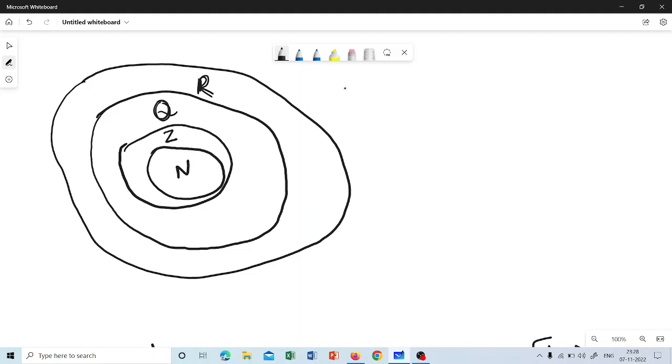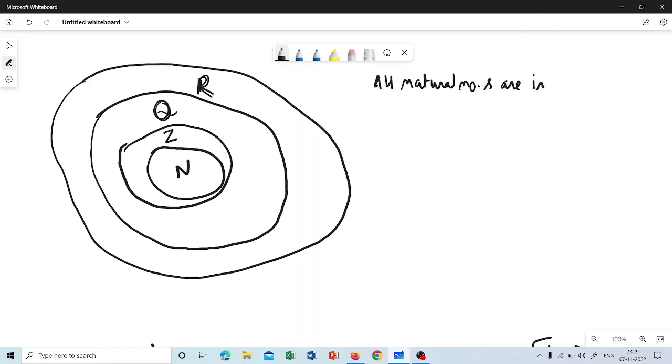So this implies that I'll write the statement. All natural numbers are integers, right?